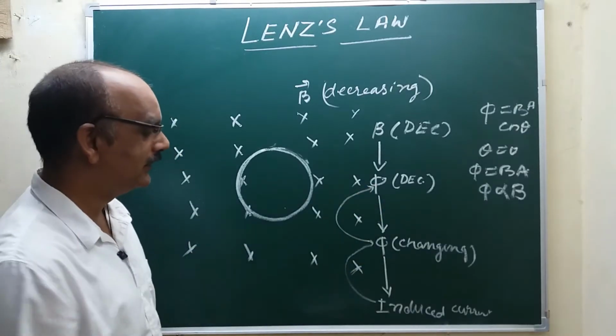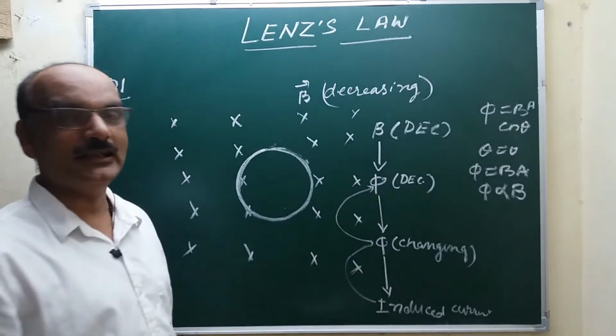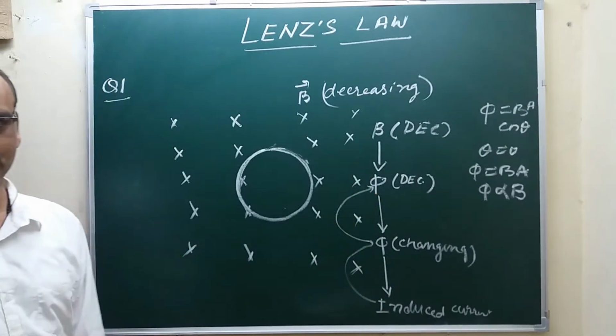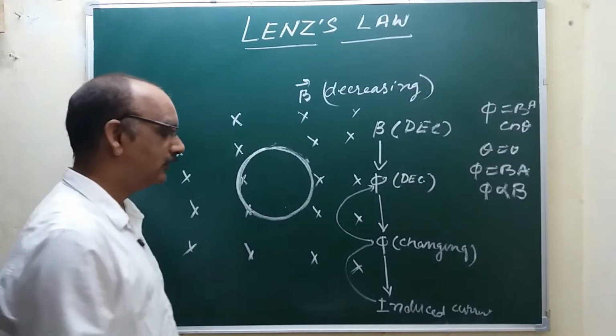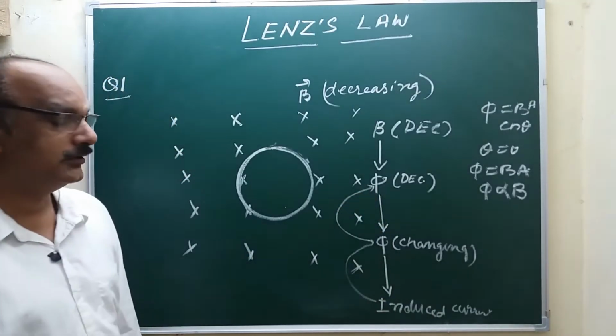It means that induced current will oppose the decrease in magnetic flux. Right?